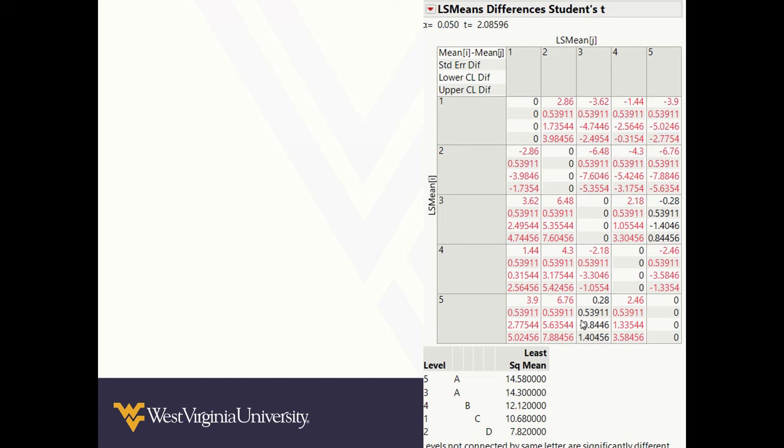And using our results, given the results of the JMP report that I have provided with you, we can see that there is insignificant difference between treatment 5 and treatment 3.